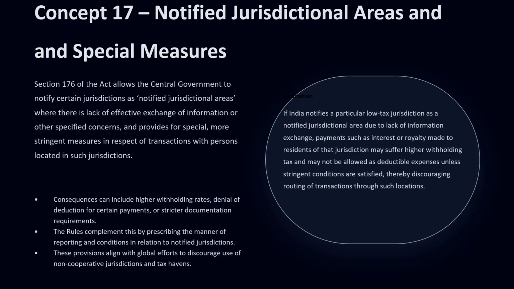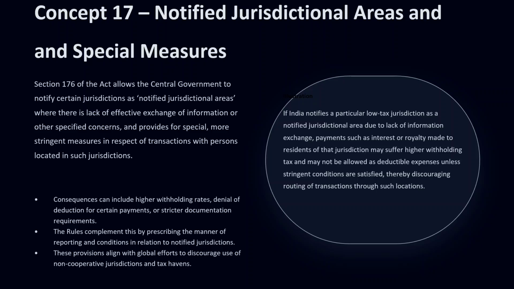So once it is notified by the government as a notified jurisdictional area, in that case, special or more stringent provisions can apply to transactions with persons located in those jurisdictions or those countries.